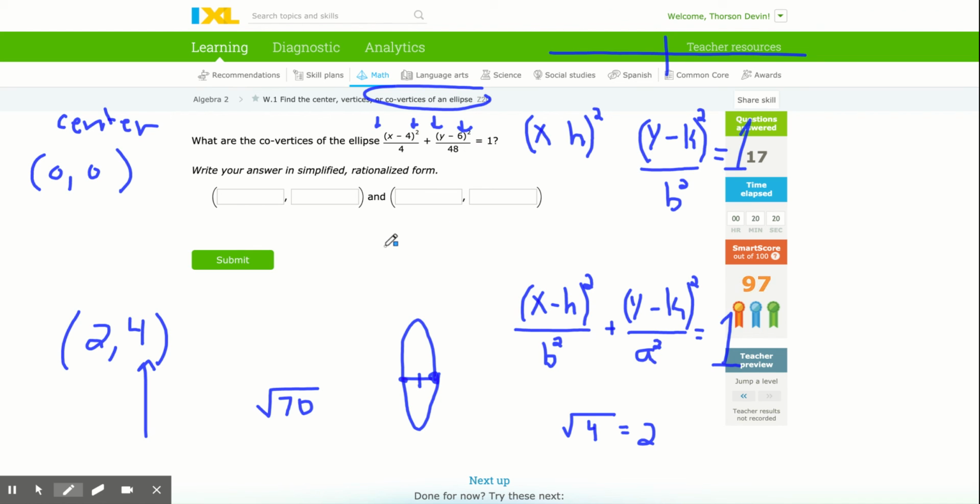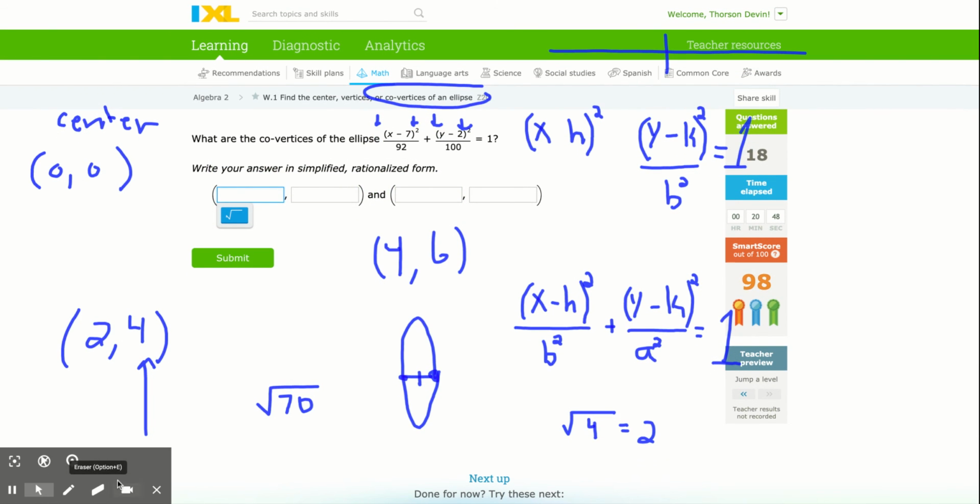The center is 4, 6, and I'm looking for the co-vertices, so I'm going to move to the right and left of 4, 6. If I move to the right or left, the square root of 4, which is 2, I'm going to be at 4 minus 2 is 2, 6, and then 4 plus 2 is 6, 6.